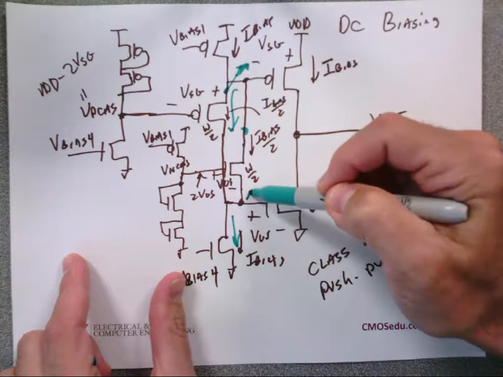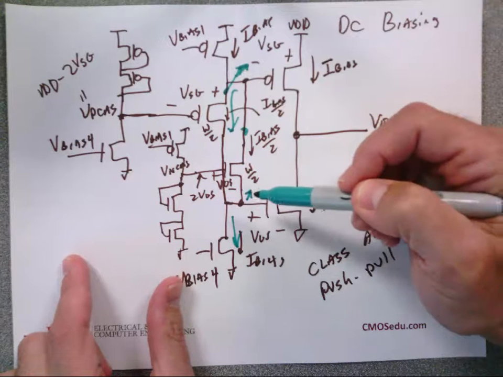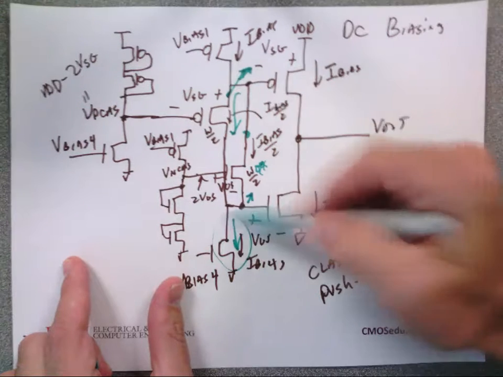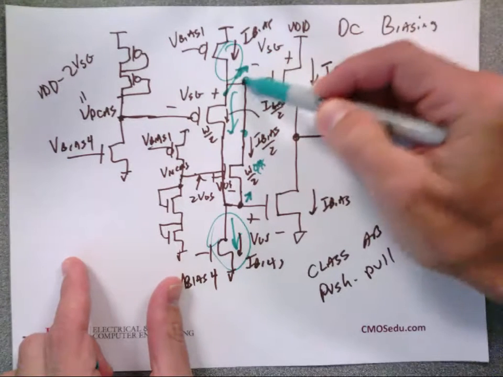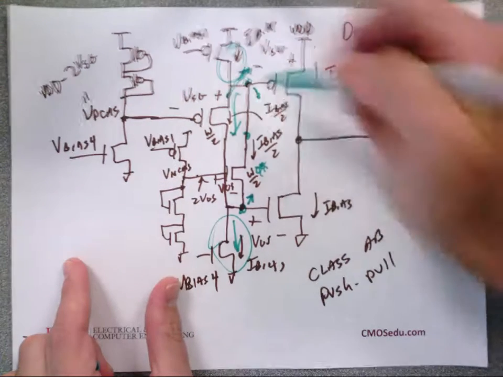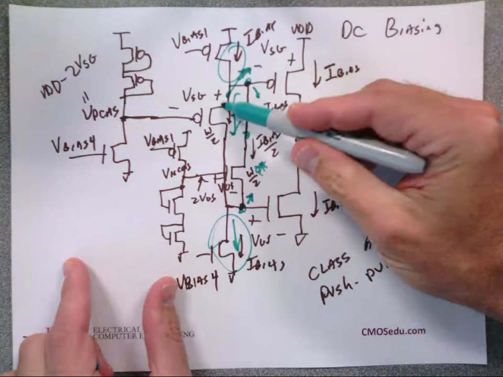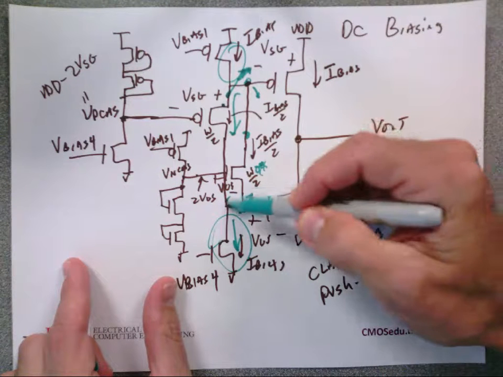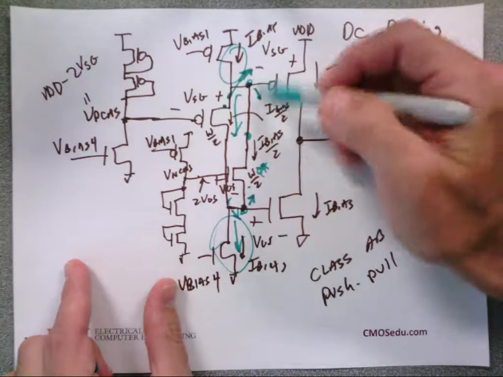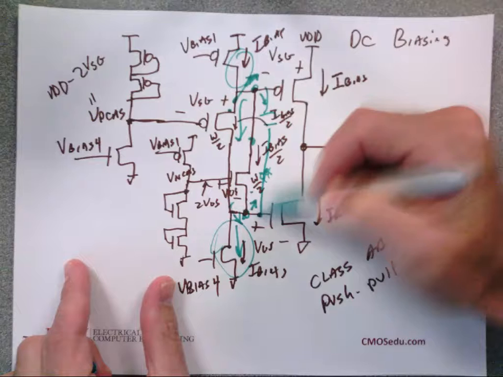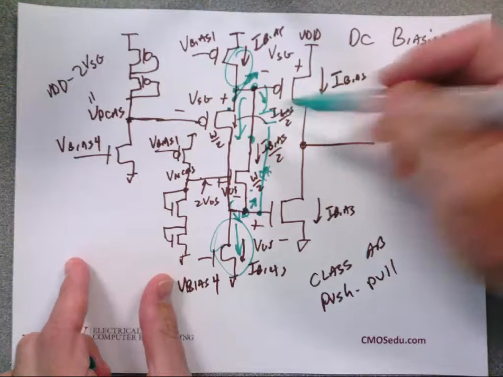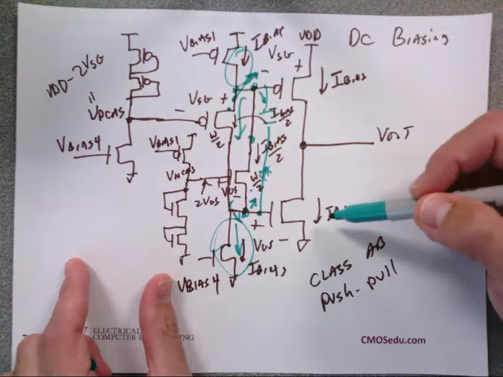So that means this is going to go up the same amount, and that's going to turn off, so that the current stays constant. So whatever signal appears here will also appear here. If this node were to go down, that would shut this off. This node would then go down and turn this one on to keep the currents constant. In fact, for AC, I could put a capacitor across here because the voltage between here and here is always going to be constant, within reason, without the power supply wiggling a lot.